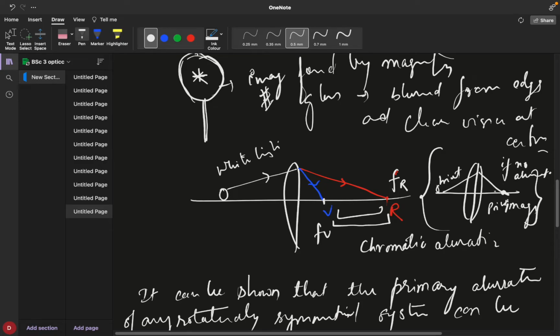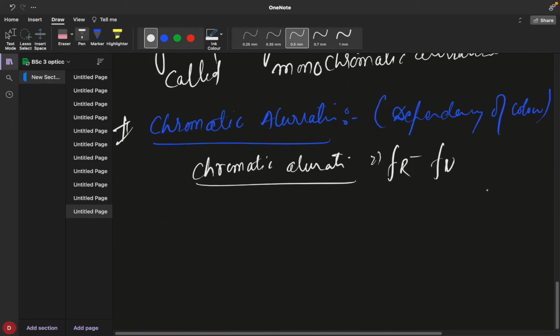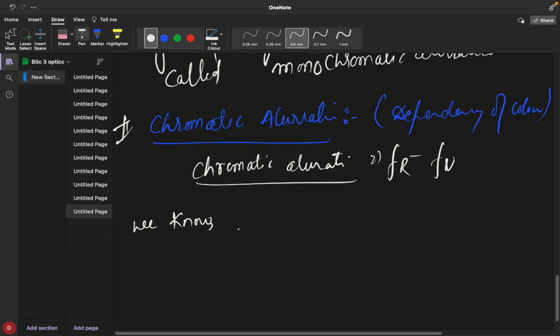If there is no aberration, the point object will have a point image. So from chromatic aberration, we know the change FR minus FV. If you remember, we know the lens maker formula.